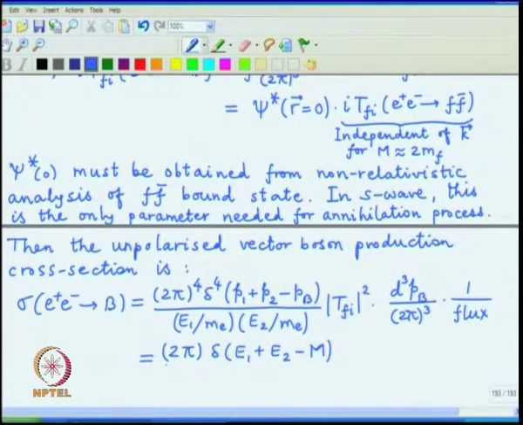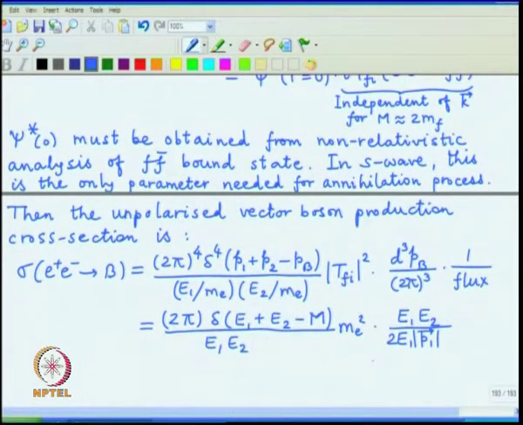then there are factors of E1, E2 and m e square, and then the value for the flux. We calculated it earlier and the result was E1 E2 divided by 2 E1 magnitude of P1, and that is the expression.